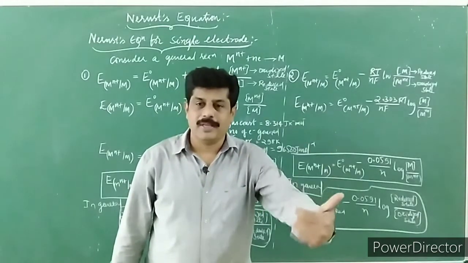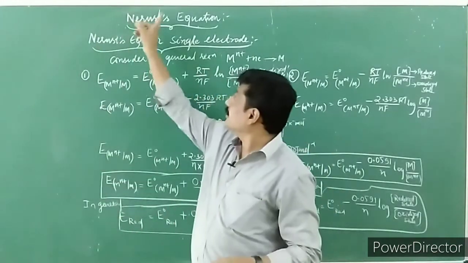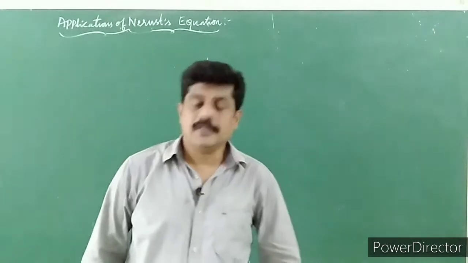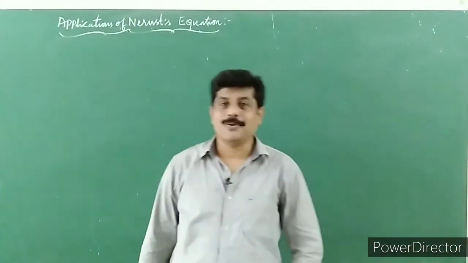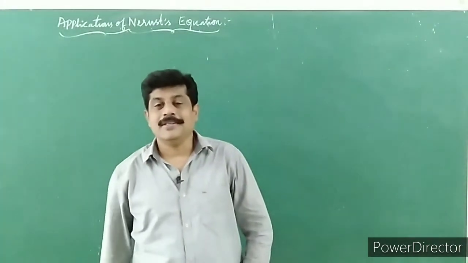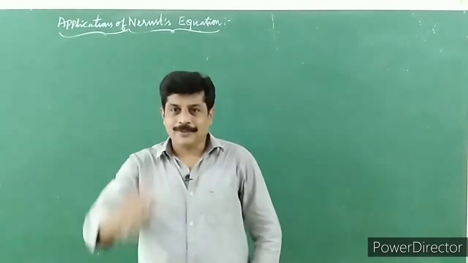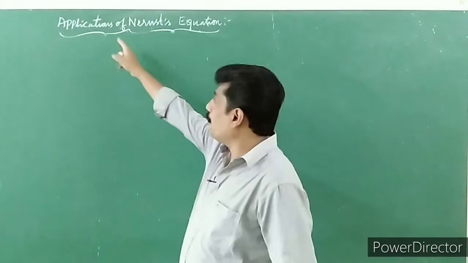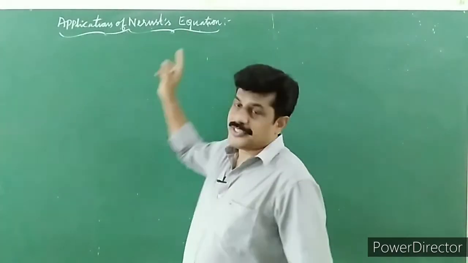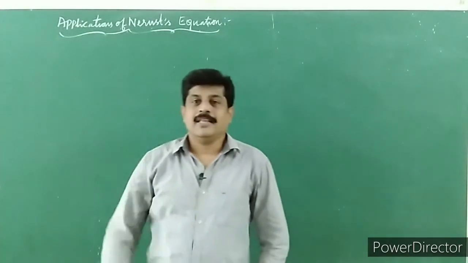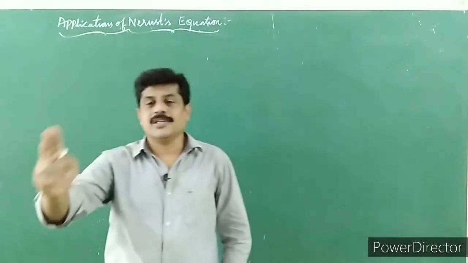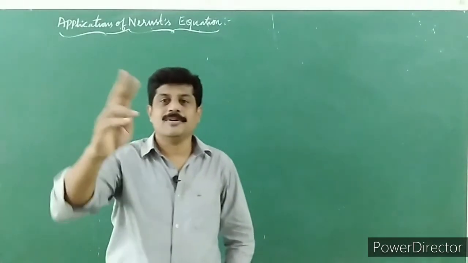Let me go for the next topic, applications of the Nernst equation. Children, you have learnt how to write the Nernst equation for a single electrode, is it not? Now let me proceed towards the next topic, applications of the Nernst equation. There are two applications of the Nernst equation prescribed in our syllabus.